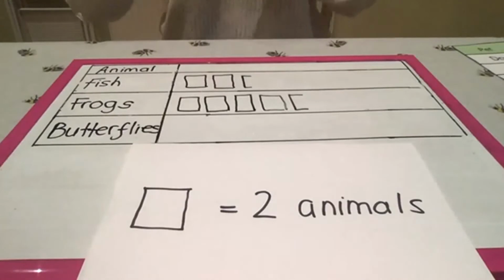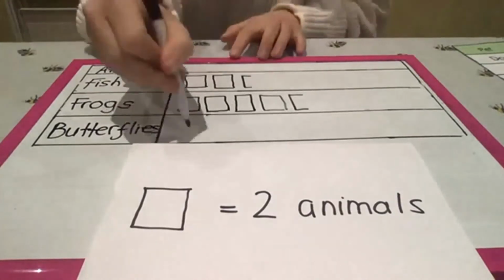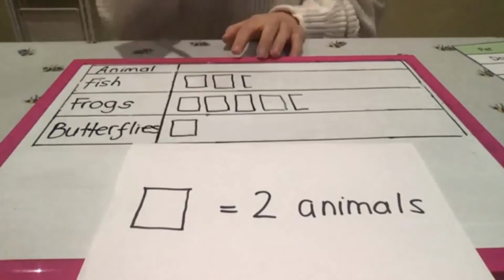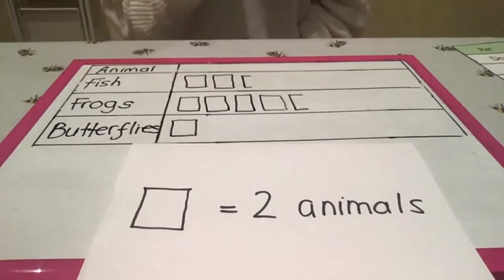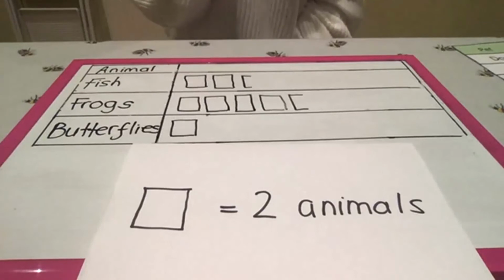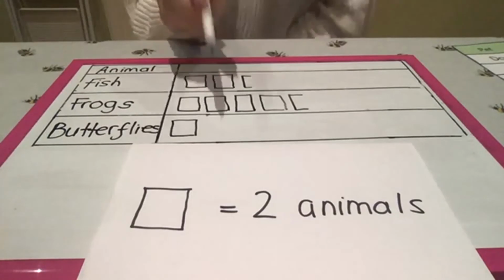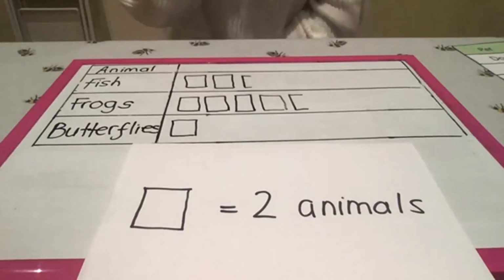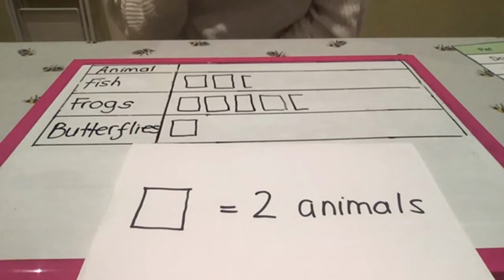Okay, so let's start with our first full square. Now, what's our first full square going to represent? Yes, it's going to represent 2 butterflies, isn't it? Now, I need 3 butterflies. If I had another full square, that is going to be 4 butterflies. So what do I need to do?